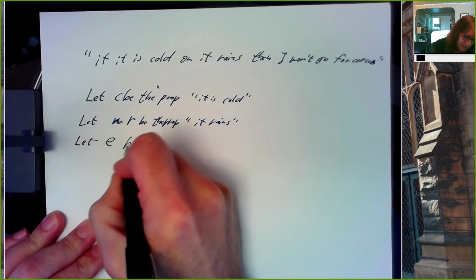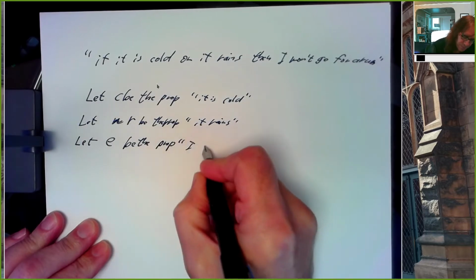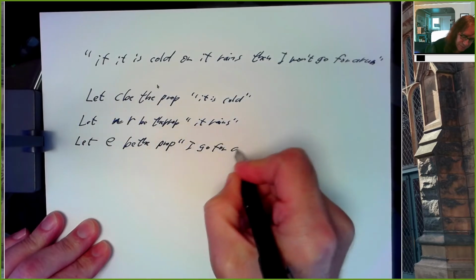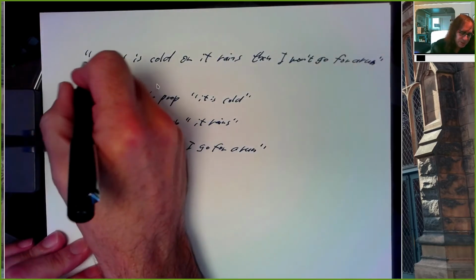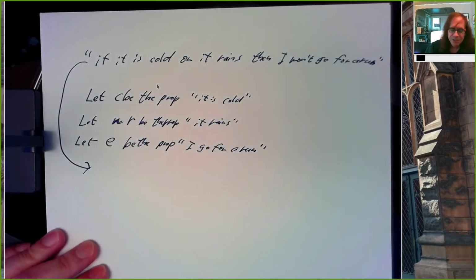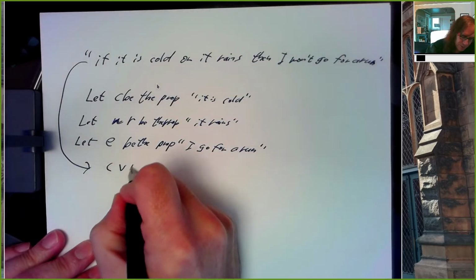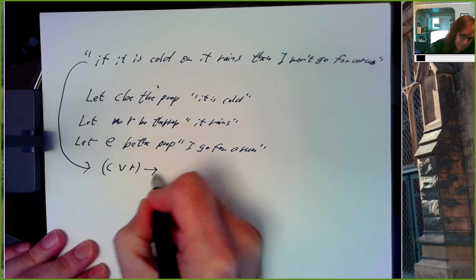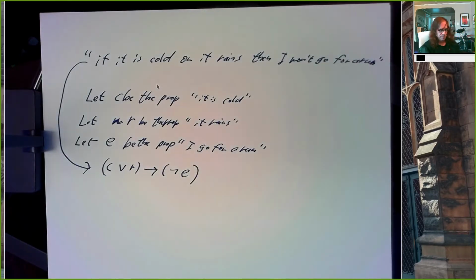And let E be the proposition I get exercise. So we could write this in an equivalent form of if it is cold or it rains, then I won't go for a run. So if that had been a question you would ask, that would be an acceptable answer.